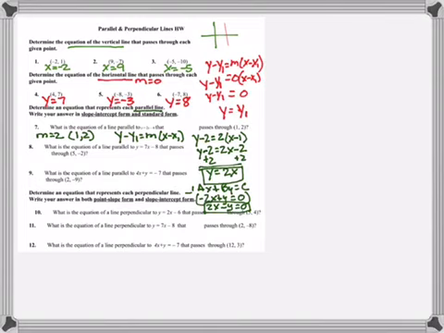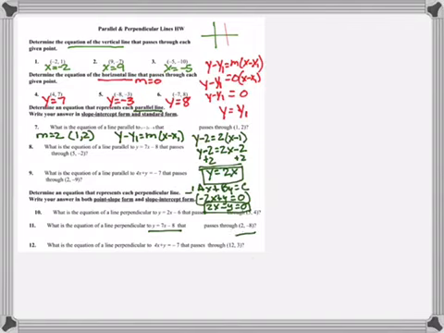All right, so let's look at problem 11. We'll skip problem 10 just because I wrote on top of it and it's hard to see. But problems 10, 11, and 12 are all similar. What we want to do is find a perpendicular line that goes through a point. In this case, for number 11, it goes through the point (2, -8). And it has to be perpendicular to the equation y equals 7x minus 8.